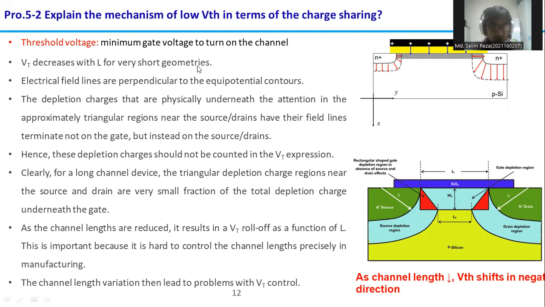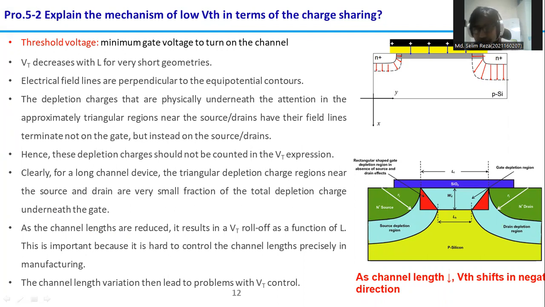for the short channel geometry of the MOSFET, the electric line of force is perpendicular to the equipotential contour. That means this one and this one, electric field. And the depletion charge that is physically underneath is attracted into the approximately triangular region near the drain and source, and their electric lines terminate not at the gate but instead at the drain and source.